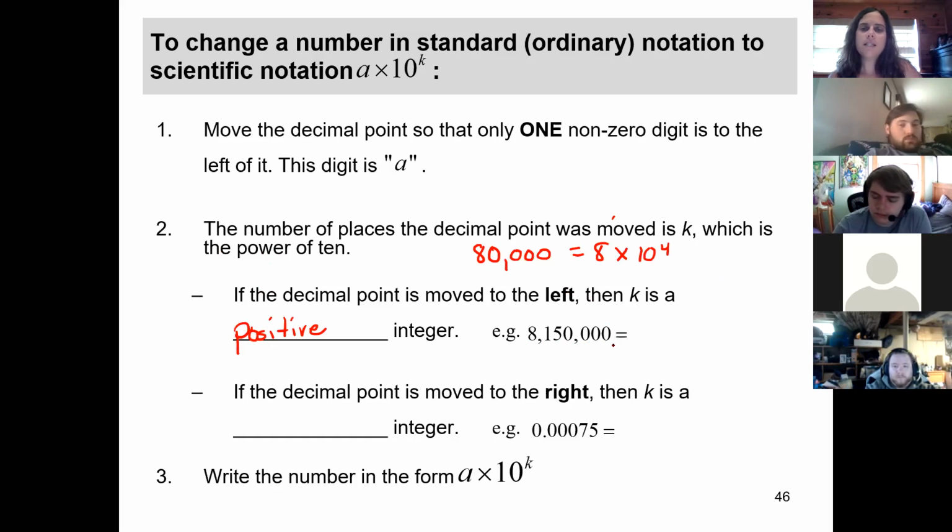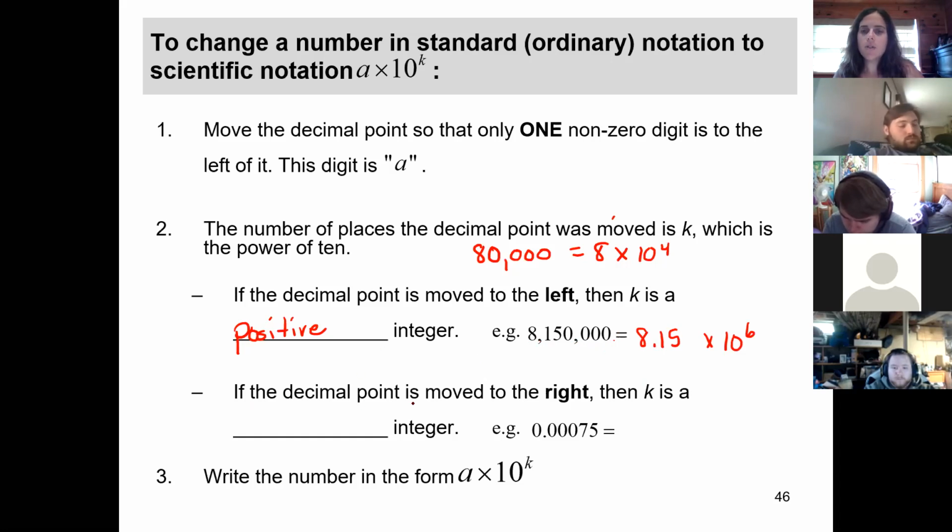So moving the decimal place since it appears right after the 0, I'd have to go 1, 2, 3, 4, 5, 6. So I'd have 8.15, keeping all the significant digits, times 10 to the 6. And you can move your decimal place. It might be easier instead of counting 1, 2, 3, you can count by threes, like here's 3, here's 6, and move it 6 places to the left. So it's a positive K value.